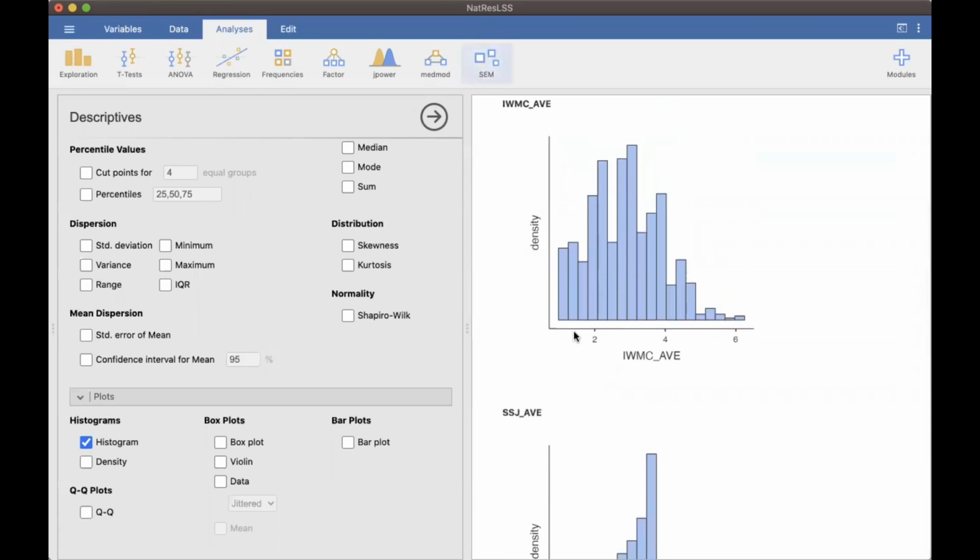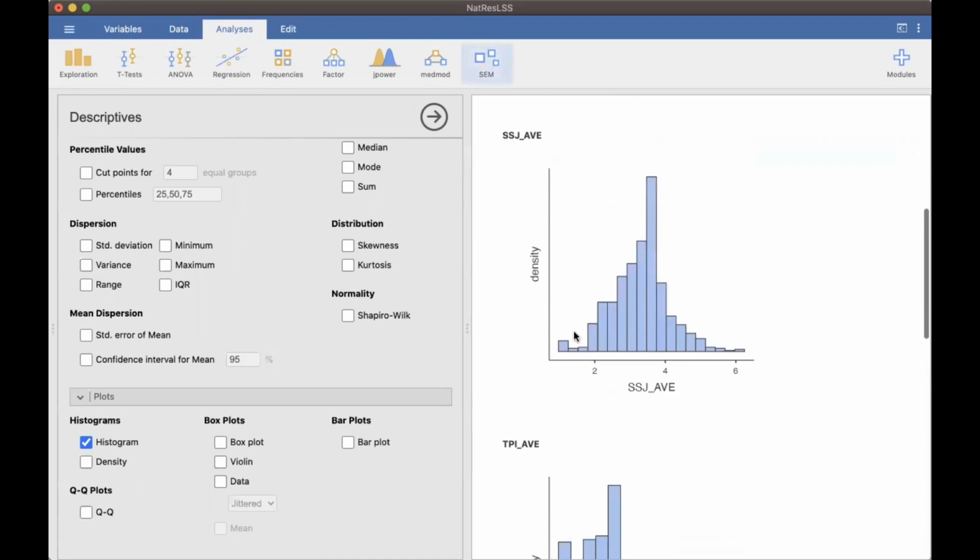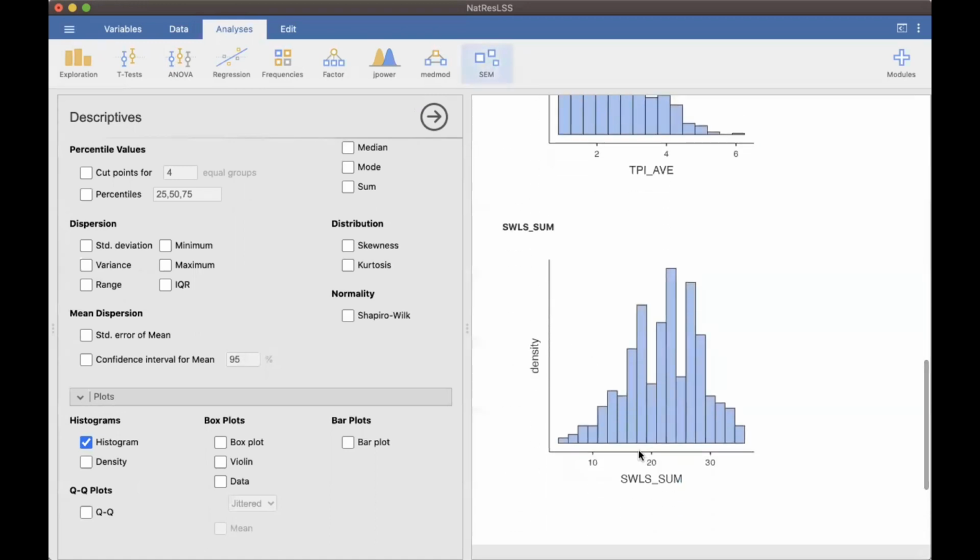It gives us visual information on the means per domain of national resilience and also on the SWLS. When you look at SWLS, it appears like there are multiple modes because there are different peaks, as I see it here. But again, it could mean anything. There could be other variables in the set that we might not be controlling.